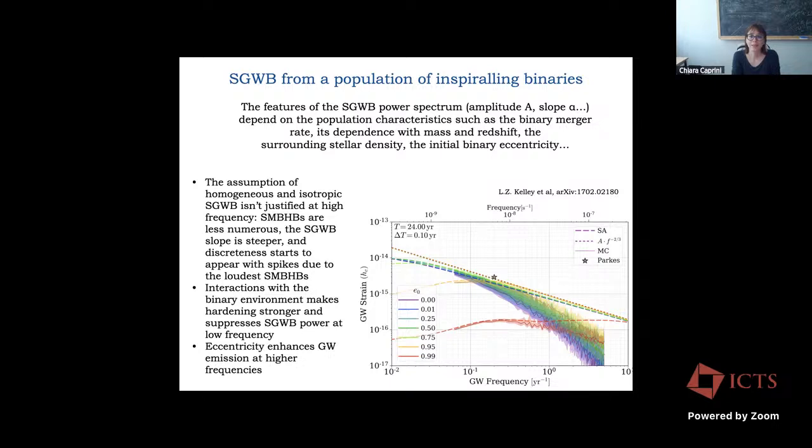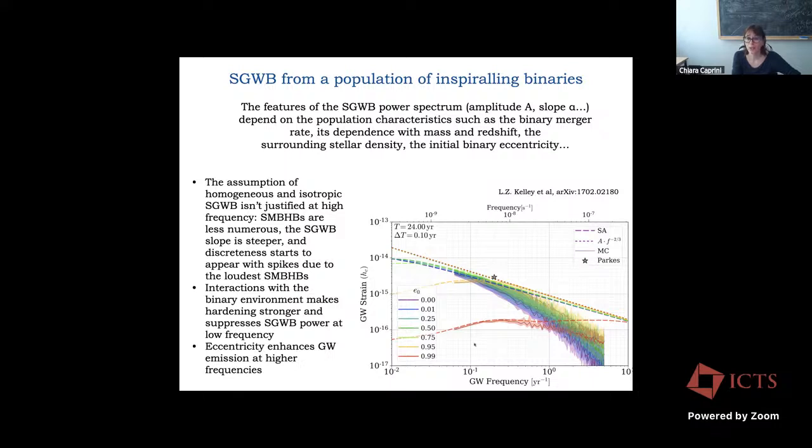Okay, and all these can actually change in reality this simple prediction of a spectrum that goes like f to the 2/3 in omega. Okay, so here you see in this picture, which is taken from this very nice publication, the strain as a function of frequency, and you have the vanilla prediction, some amplitude determined by the population and f to the minus 2/3 in h.